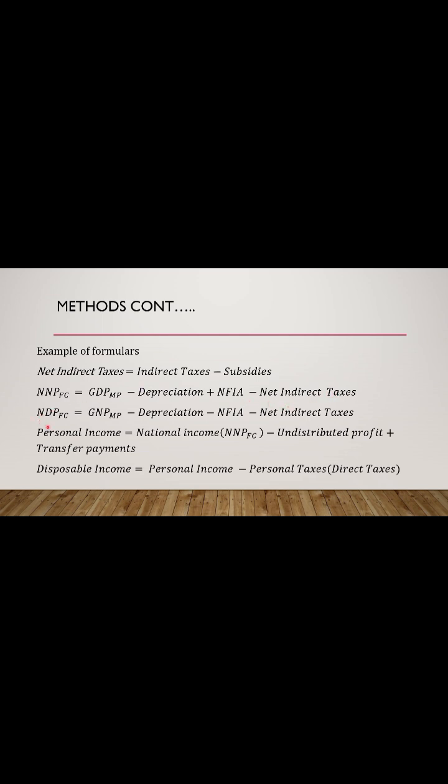Another one is net domestic product at factor cost, which is equal to gross national product at market price minus depreciation minus net factor income from abroad minus net indirect taxes.